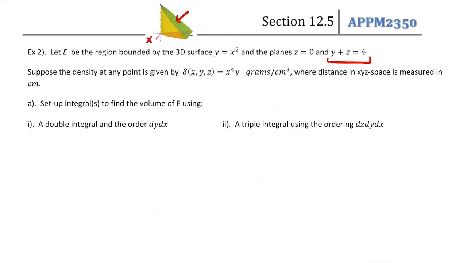Let's also label: this is x, this is y, this is z. And so here I have z is 4 minus y. And then this side and the other side are on the back. This is coming from y equals x squared.